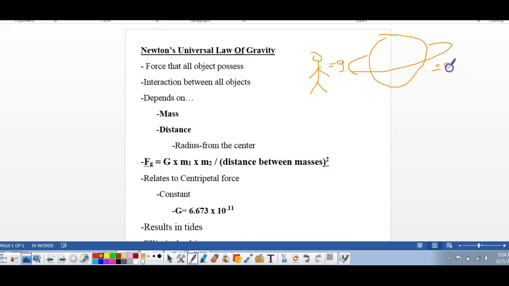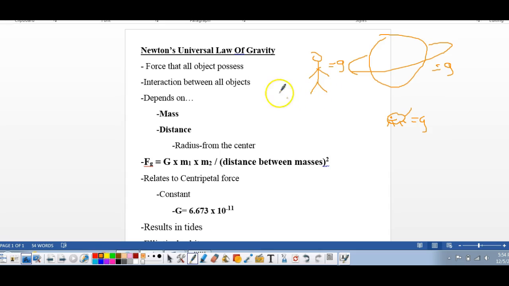That has gravity. Even your pet hamster. Put some legs on him. You have a pet hamster. He has gravity too.